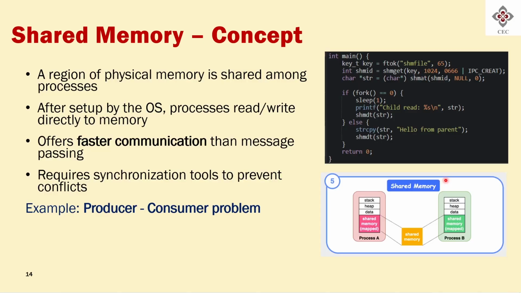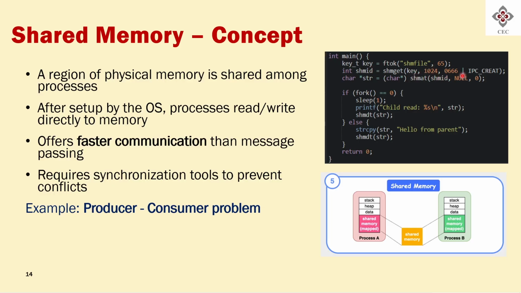So, if you look at this program, we use the shared memory. ftok is the function which creates the key. SHM file is the path of the file which you want to access, and this is the ID, the process ID. Using this, the shared memory get function will create a new shared memory. The key is generated using ftok, that key is used here, and the length of the message is represented here in the second argument.